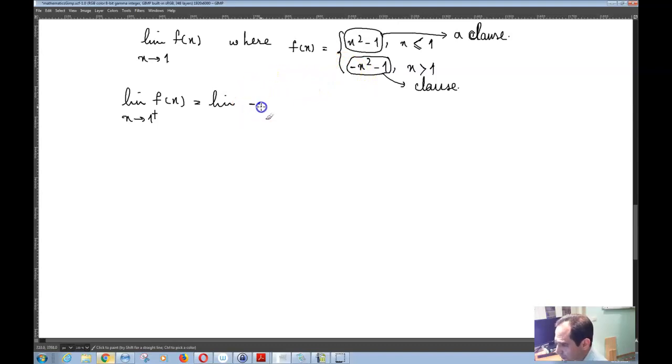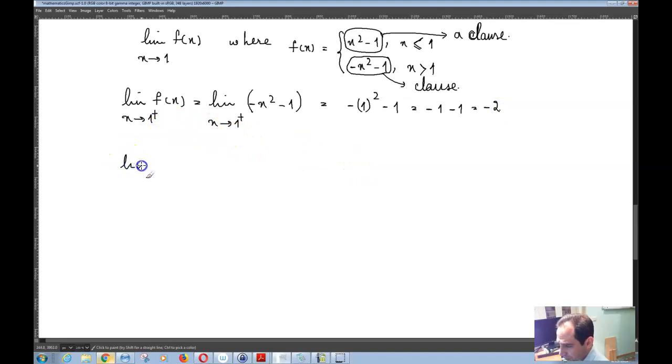So the limit of negative x squared minus 1 as x tends to 1 from the right is the same thing as finding the value of this function at x equal to 1, which is negative 1 squared minus 1, which is negative 1 minus 1, which is equal to negative 2.